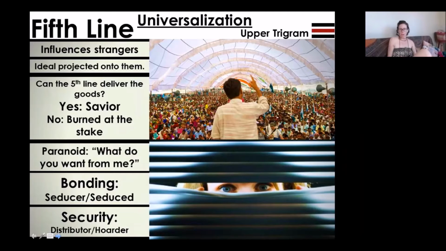And I think that's shown in this picture here with this person peering out from behind the blinds. It's a good resting position for a 5, to peer out and then pop in and do their amazing thing to distribute their influence and to share a message.